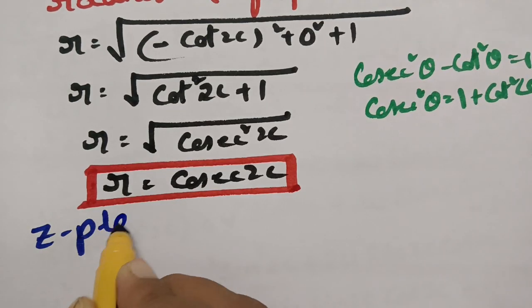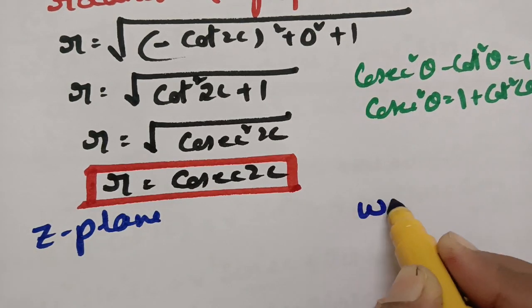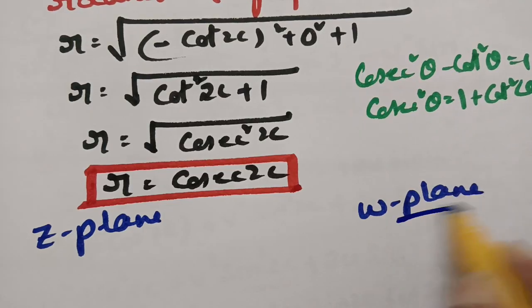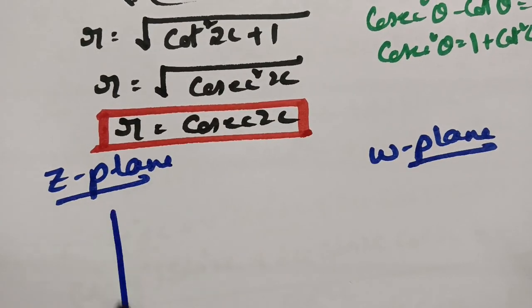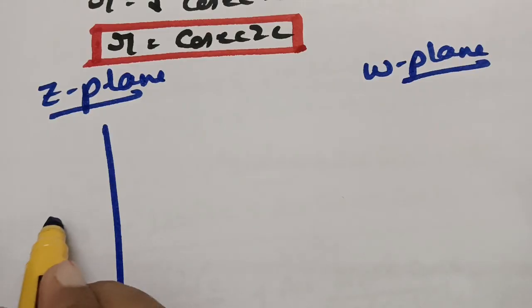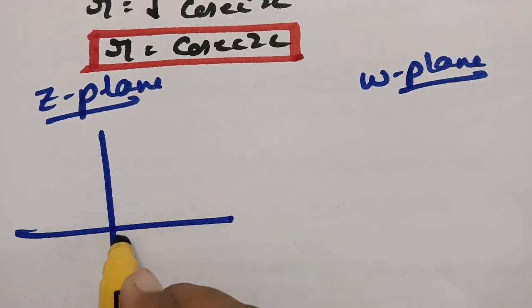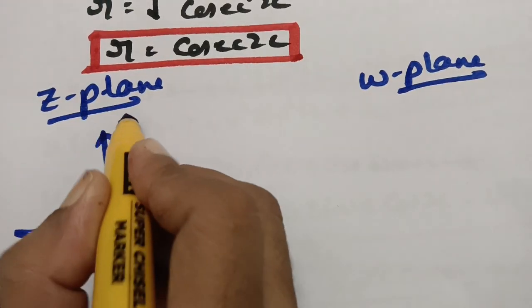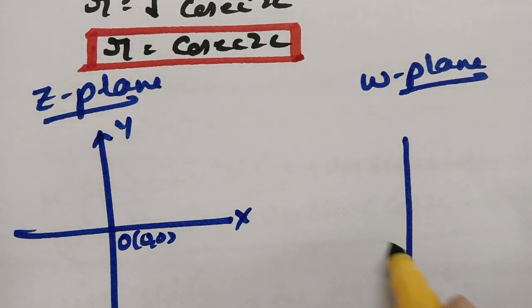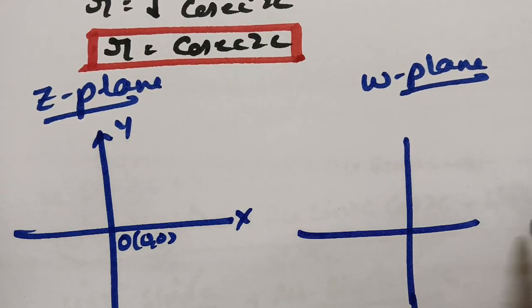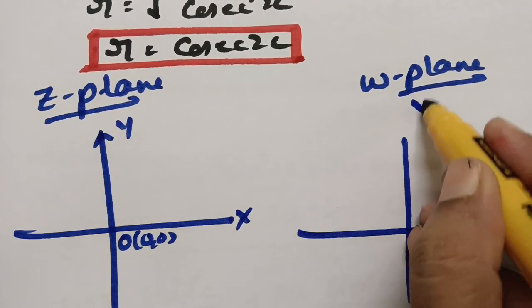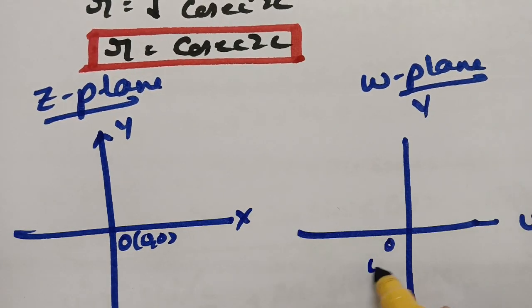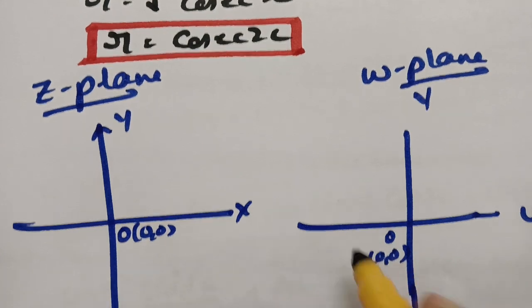So here is how the z plane is transformed to the w plane, and let me show you. This is the x-axis, this is the origin 0, 0, and this is the y-axis. In this plane, this is u and this is v, and this is again the origin.